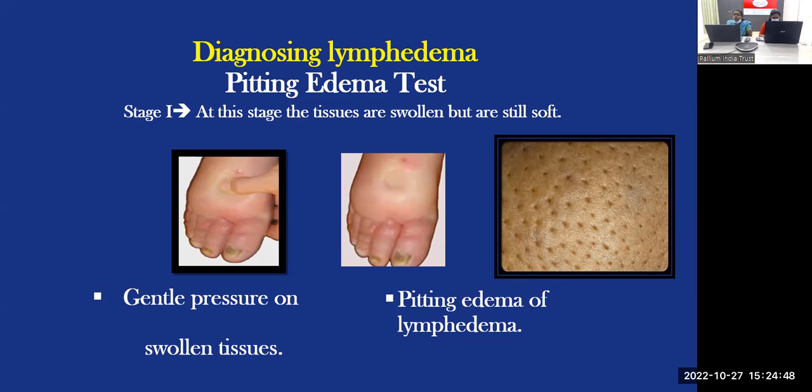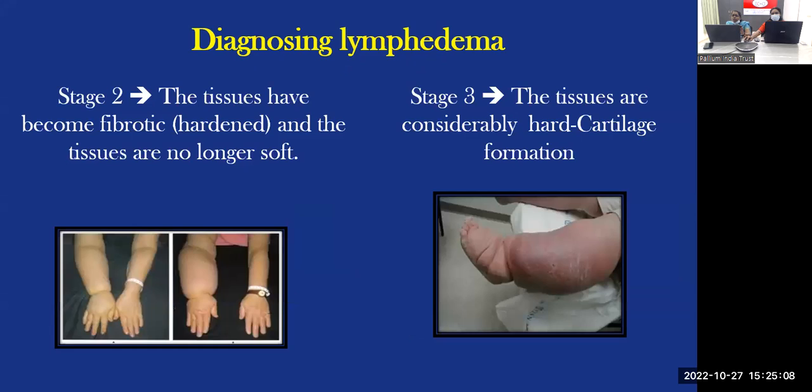After you take the proper history, definitely you will get an idea why the patient develops that edema, and then you can do the clinical examination also. This is stage 1.